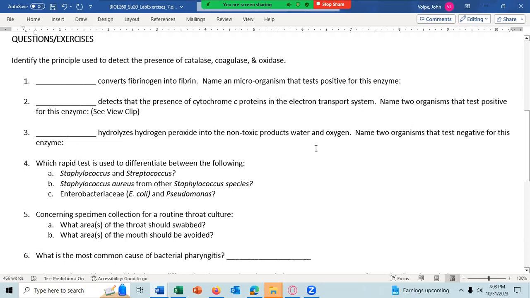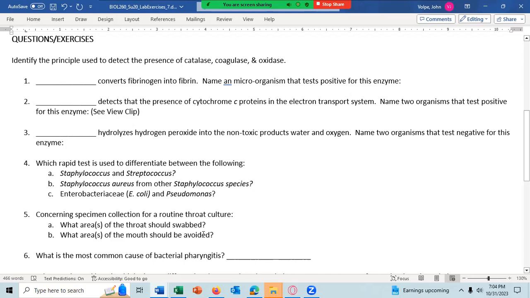And then name 2 organisms that test negative for this enzyme. 4, which rapid test is used to differentiate between A, Staphylococcus and Streptococcus? Give the answer here. And then B, Staphylococcus aureus from other Staphylococcus species. Give the answer there. C, Enterobacteriaceae from the Pseudomonaceae. You give the answer there.